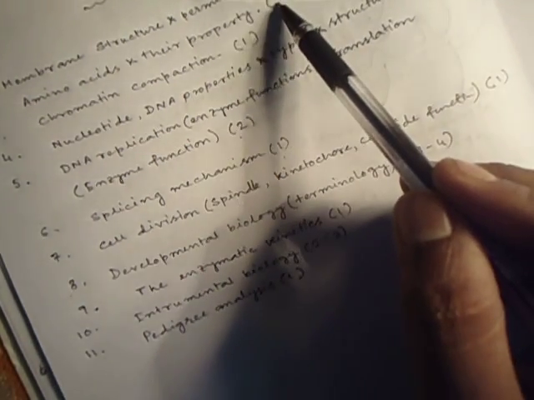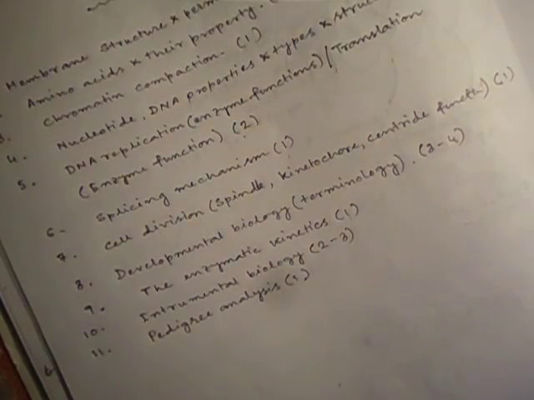So total questions, 21 questions. If you give answers of 21 questions very carefully and very correctly, then you can get minimum 44, 45 numbers easily.